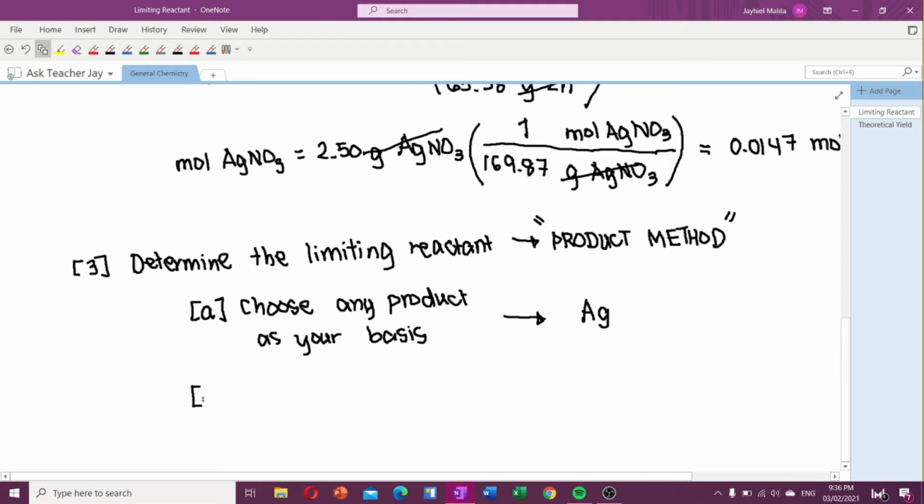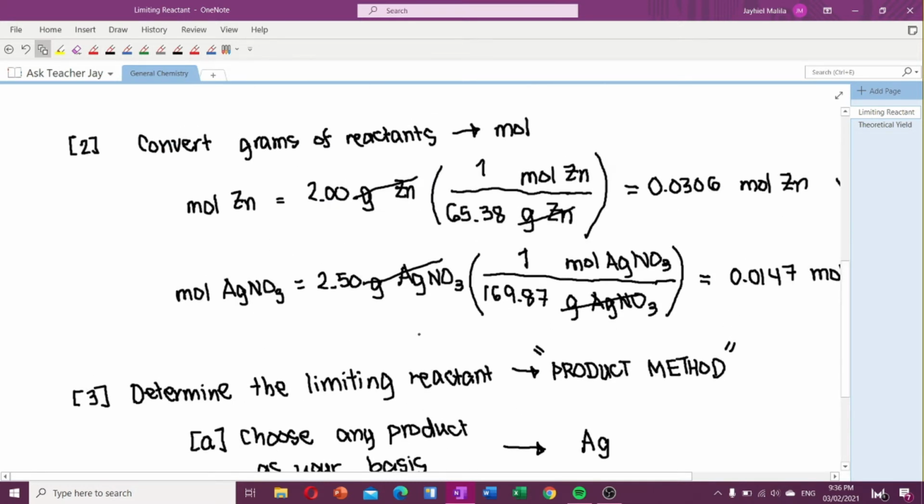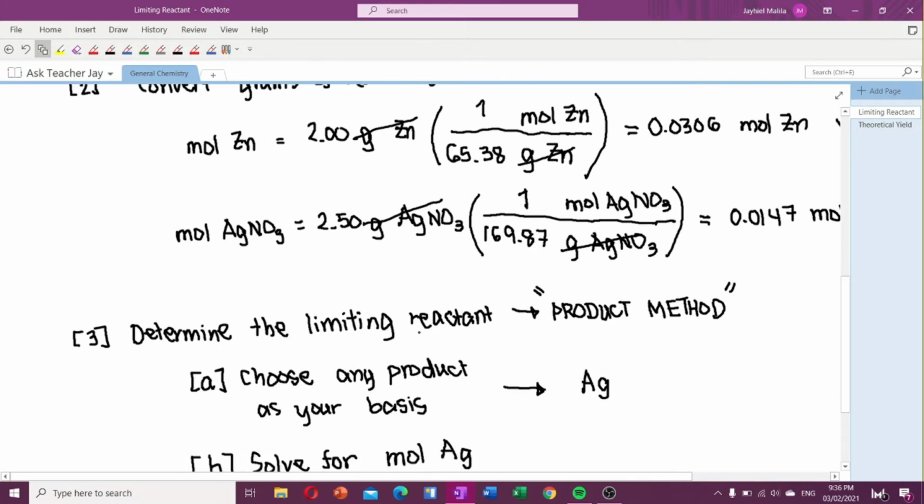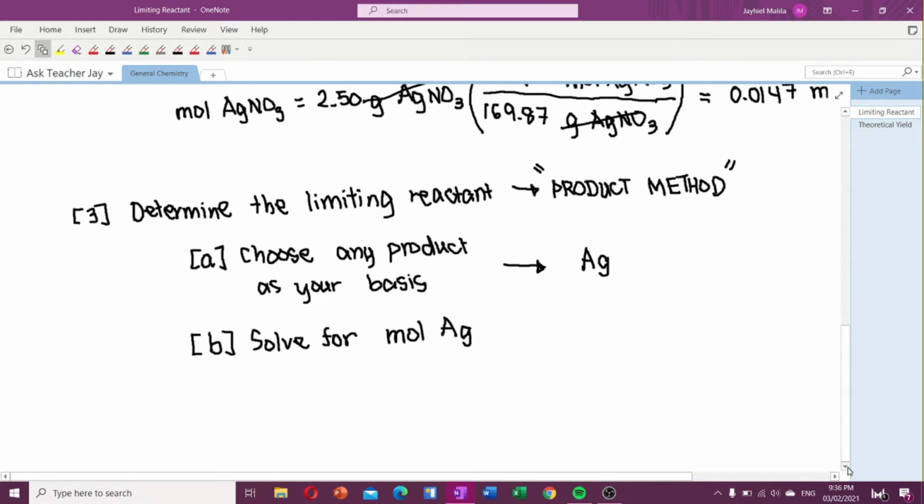Next is to solve for the moles of Ag. But this time, you're going to solve the moles of Ag in terms of, or with respect to, the amounts of your zinc and the amounts of your silver nitrate.